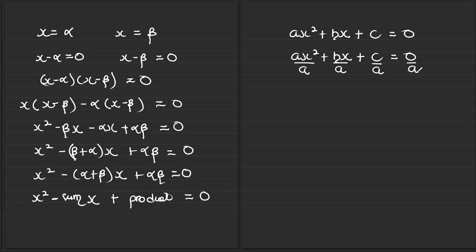This a cancels out this a, and we'll be left with x squared, then plus b over a x, and then plus c over a, which is equal to 0.